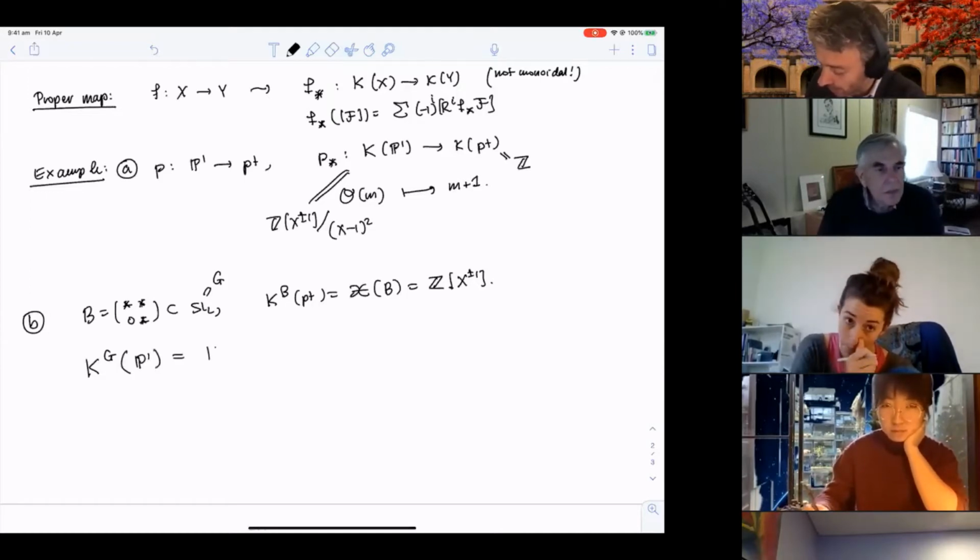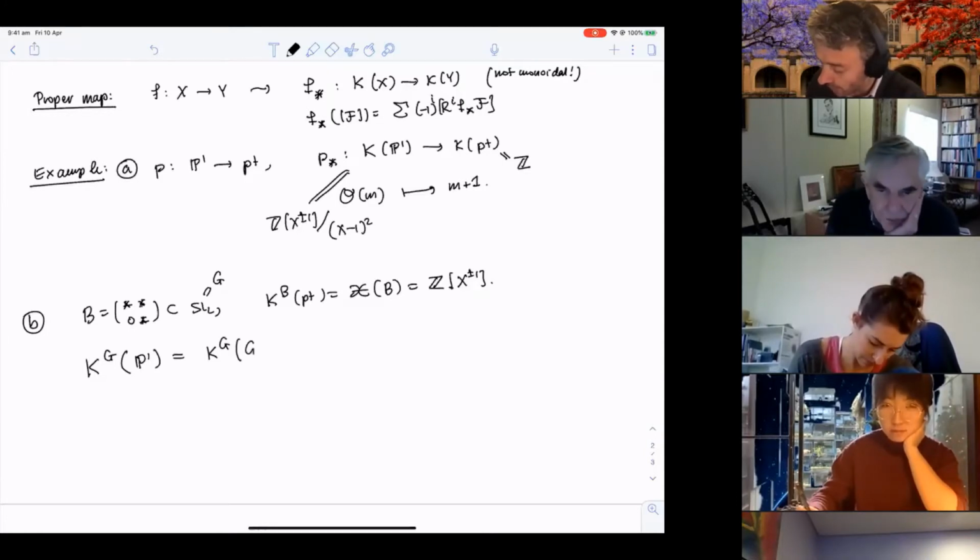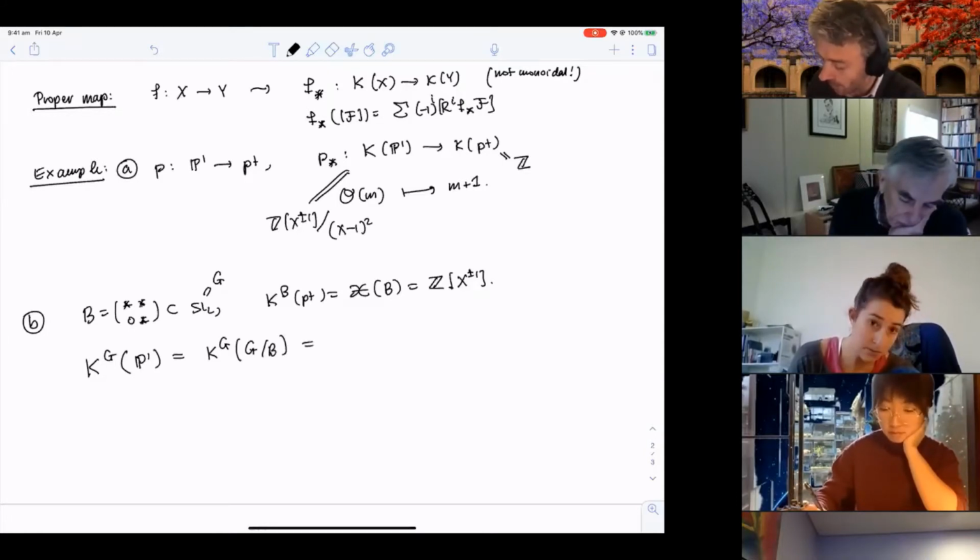So this is the same thing as the G equivariant K theory of G mod B, and that's the same thing as the B equivariant K theory of a point.